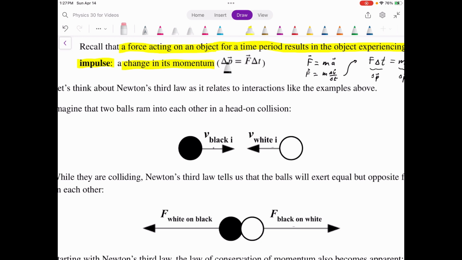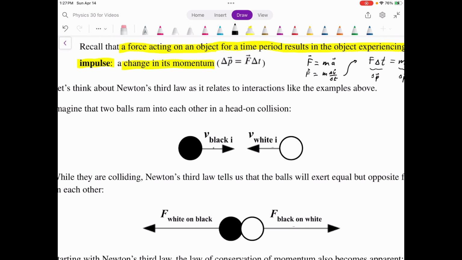Well, if we look at this equation here, we can already see the beginnings of the law of conservation of momentum showing up. They exerted the same size force, but in opposite directions, for the same amount of time. So their change in momentum has to be the same number, but in opposite directions. The pink ball's momentum did change by the same amount as the blue ball, but in opposite directions.